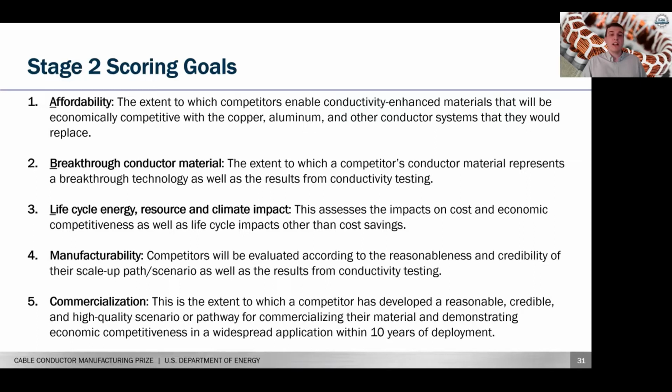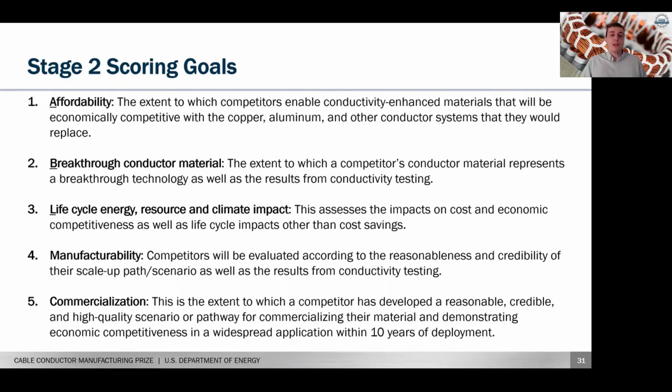Based on the feedback of our RFI, we reinterpreted affordability because it's implausible, if not impossible, to take a base conductor, such as copper and aluminum, do something to it, like add nanocarbons or process it in a new way, and have the resulting material be cheaper than the base material. Hence, affordability metrics now focus on long-term, greater than 10-year life cycle, and how that would lead to eventual economic competitiveness of the material compared with existing conductors in major markets.